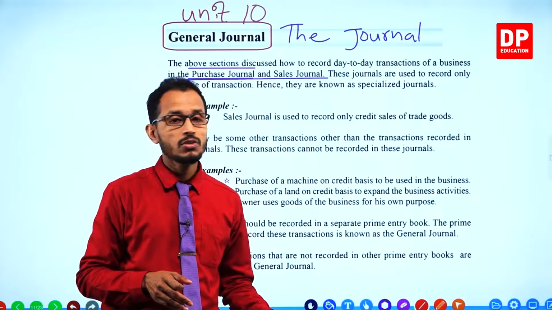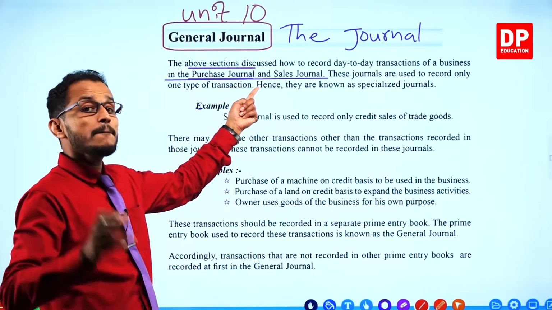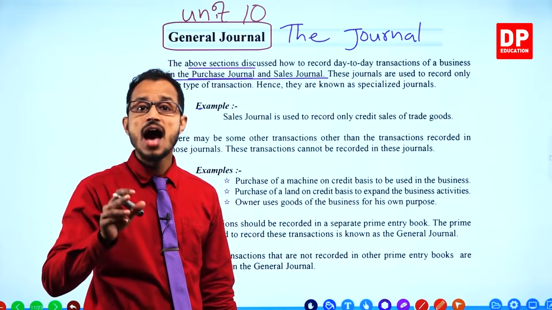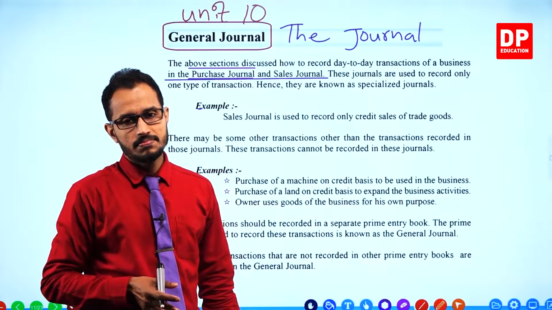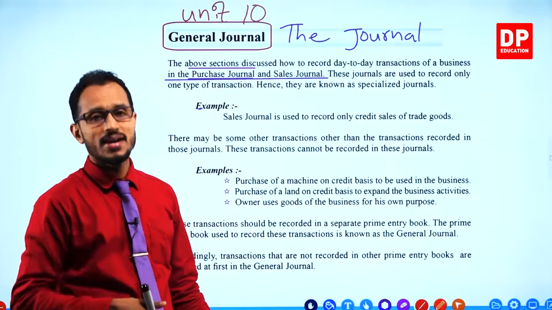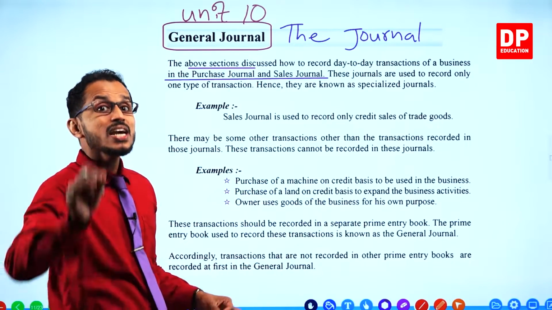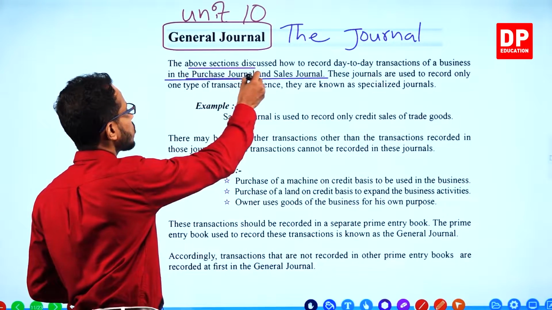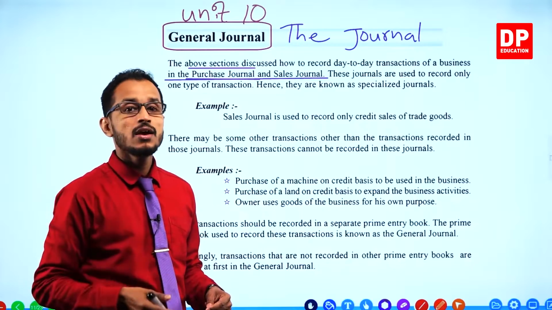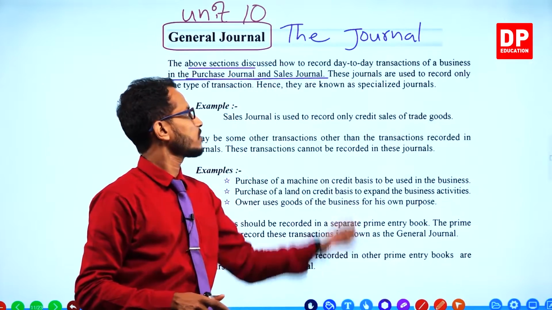Not all the purchasing transactions are recorded in the purchases journal. Only credit purchases of trading goods are recorded, included in the purchases journal.